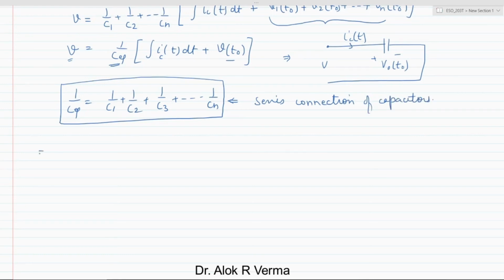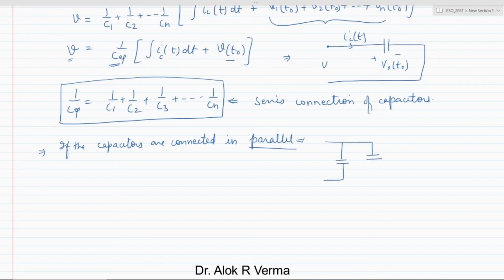Correct. Now similarly, if the capacitors are connected in parallel, okay, so now the capacitors are connected in parallel. So you have C1, C2, C3.